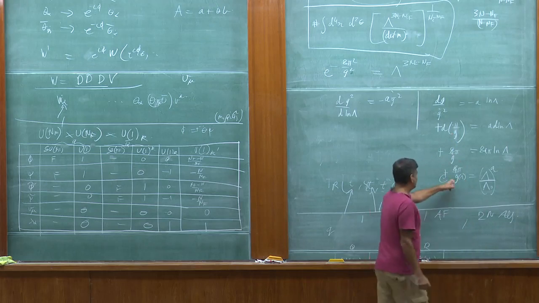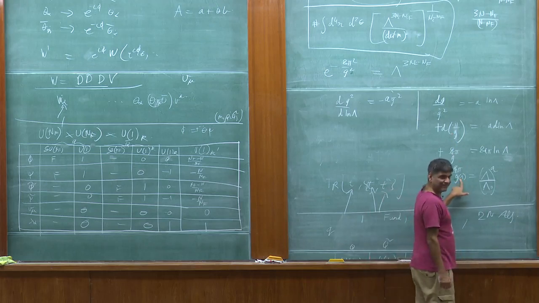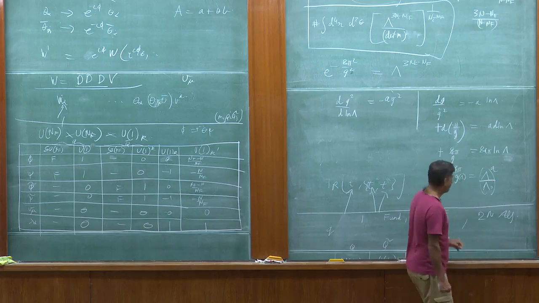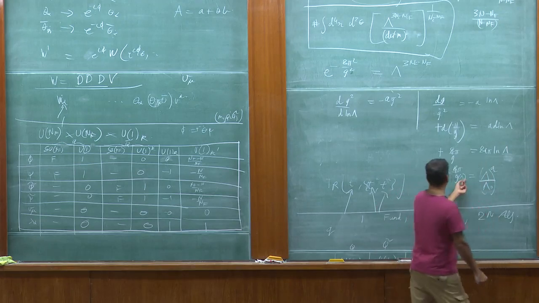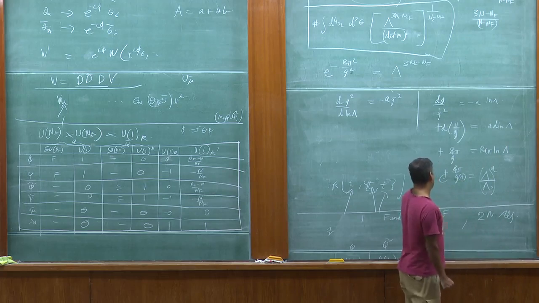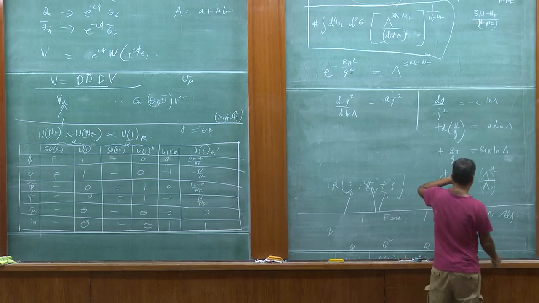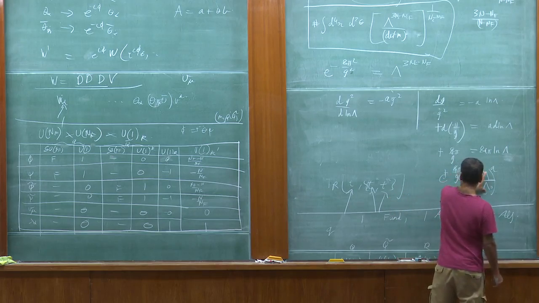Perfect. So now when g goes to 0, lambda goes to infinity, which is correct. When lambda is equal to lambda naught, the exponent is 0, so this is 1, so g is infinity.